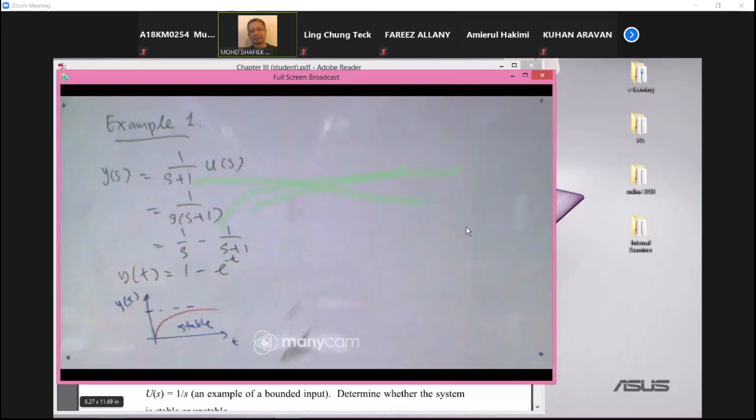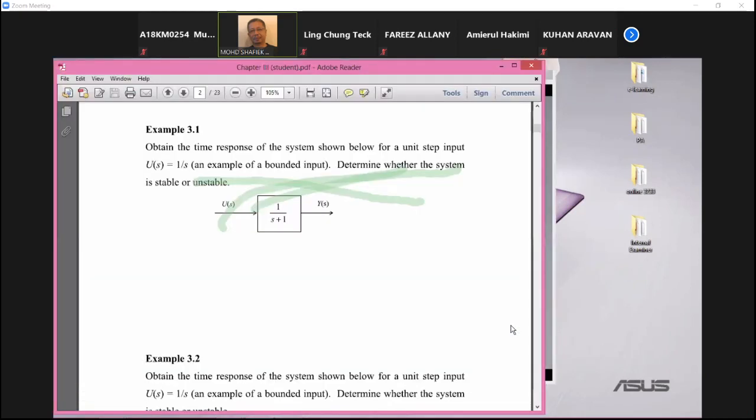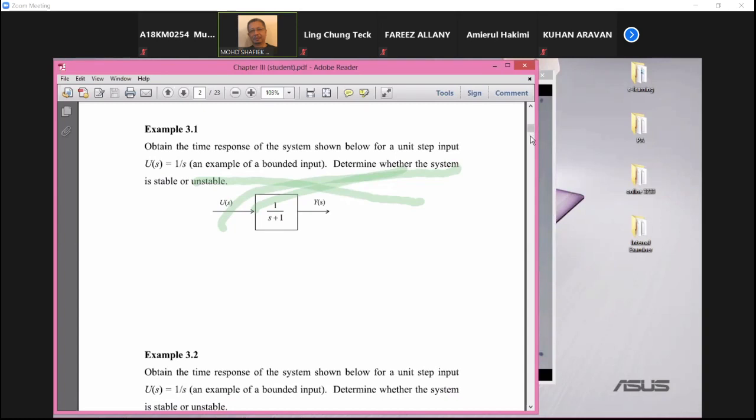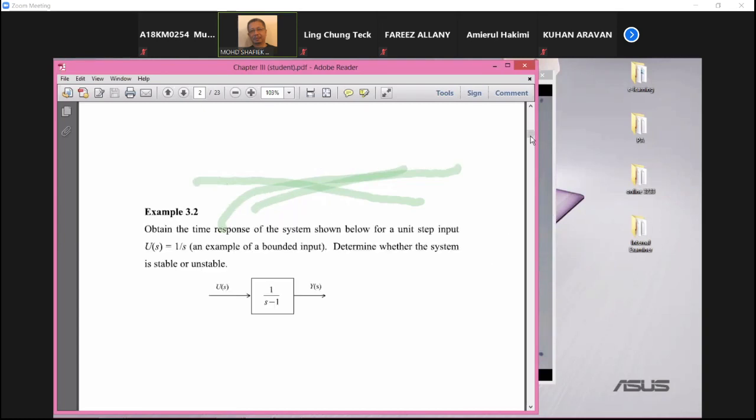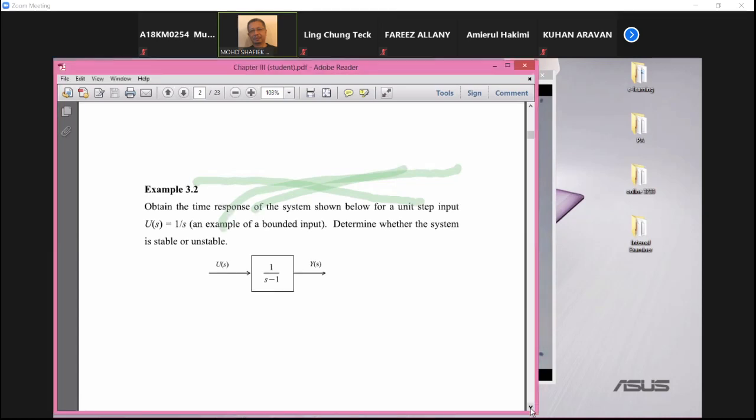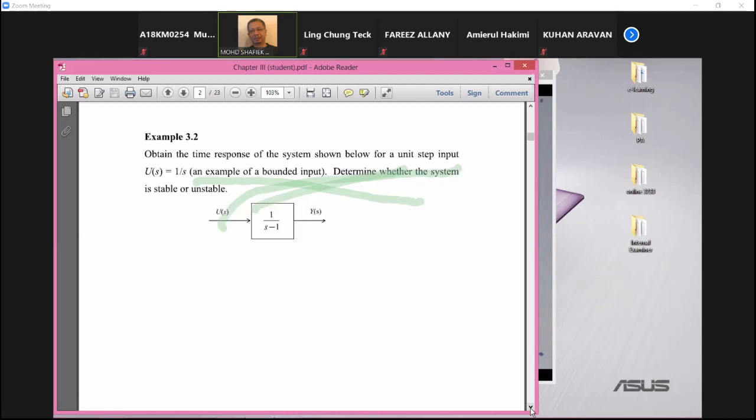And of course, as you can tell already, the second example by default is going to be unstable. Otherwise, why are we doing this? Example 3.2. Now, obtain the time response of the system shown below for a unit step input.